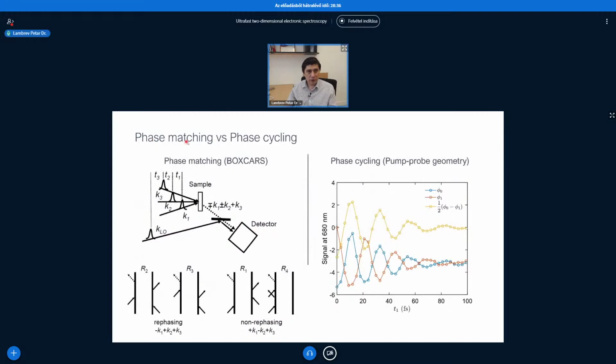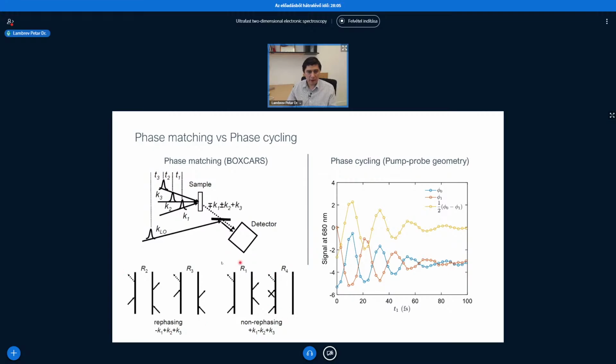So there are two fundamental differences of how to get the signal separate from the background. In the non-collinear approach, this is natural. As I said, the signal travels in a phase matching direction that is different from the incoming pulses. But you need to make two measurements to get the full spectrum. There are two phase matching directions, the so-called rephasing and non-rephasing.